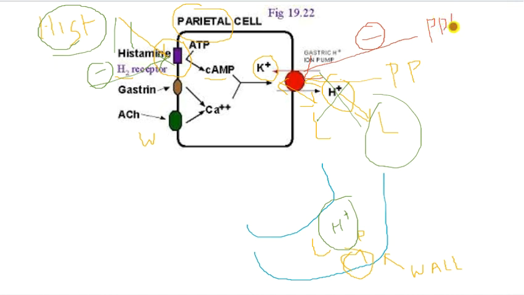Proton pump inhibitors can block the H plus K plus ATPase activity. So H plus cannot enter into the lumen, so it also decreases the acidity in the stomach.